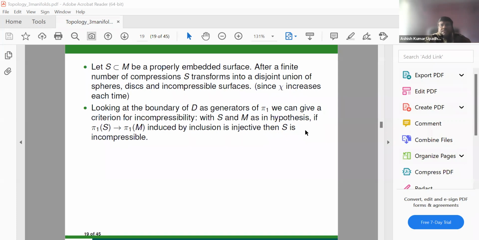It means there are disks which are compressing, but then those loops which act as generators of the fundamental group of S must also be homotopically trivial in the surface, because they form the boundary of the disk. Because of that, the condition is that the fundamental group must inject into the fundamental group of the 3-manifold.